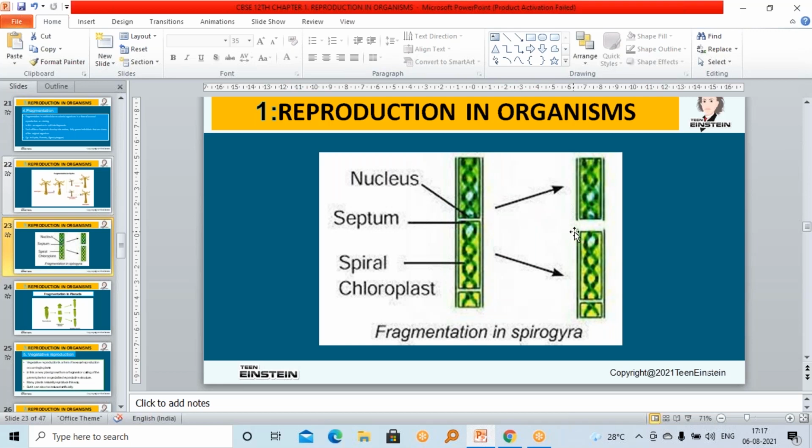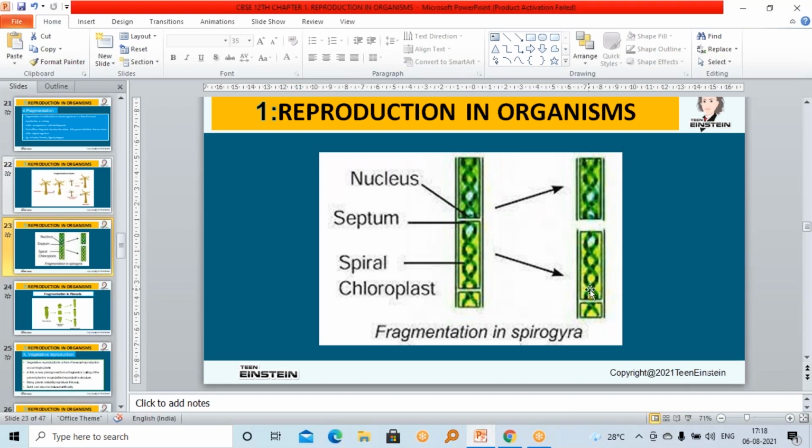And this happens with the help of strong water current, because Spirogyra is present in water.